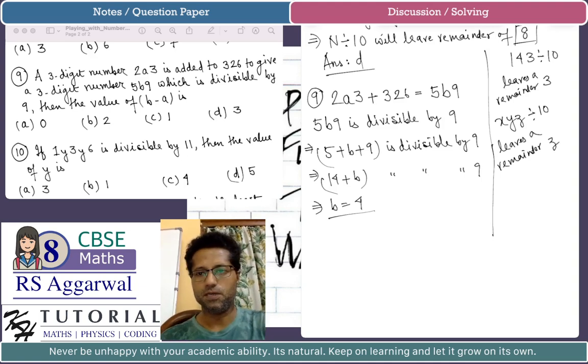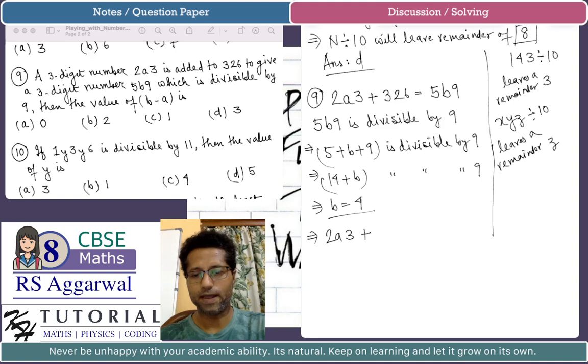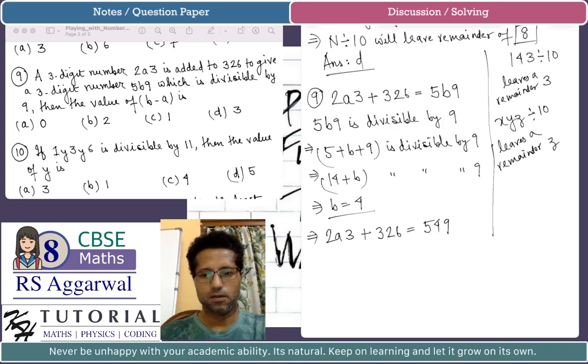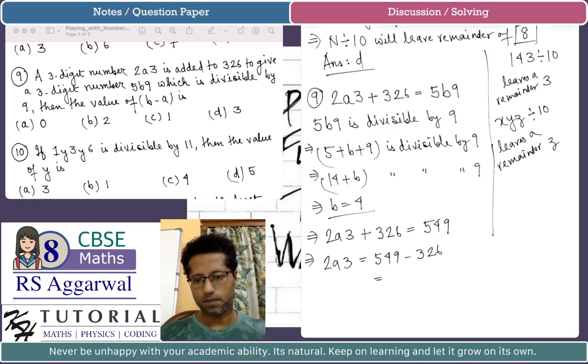Now we have to see, if B is 4, what we are getting. This implies that, using the first fact, 2A3 plus 326 will now become, we have found B, so it will be 549. So this implies 2A3 is equal to 549 minus 326, which is equal to 223.